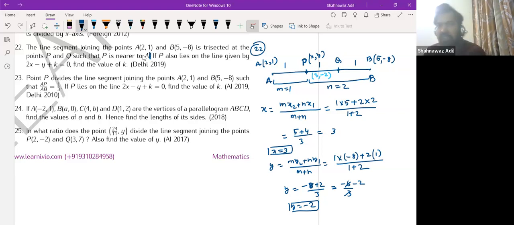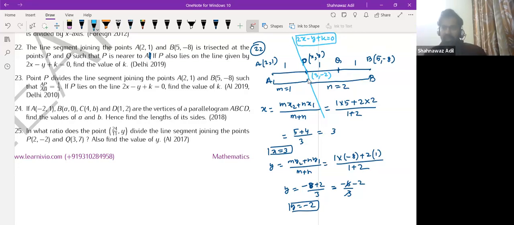Right. Now the next statement. If P also lies on the line given by this thing. So let's say we have this line. This line has some equation, and the equation is 2x minus y plus k equals to 0, right?